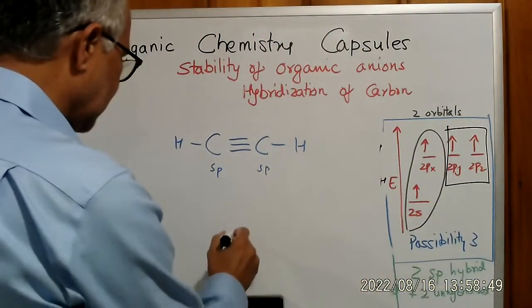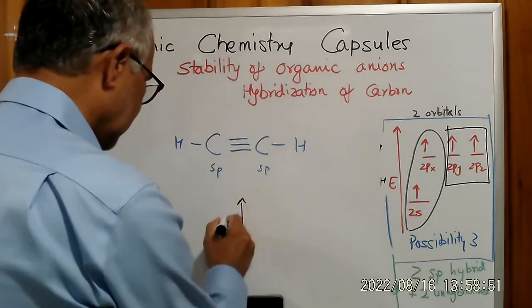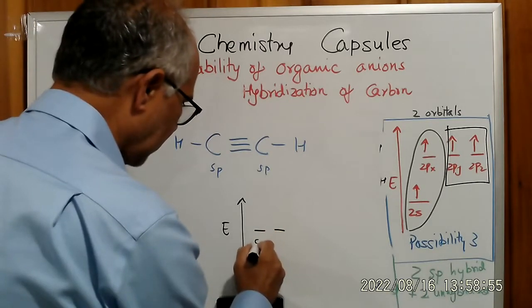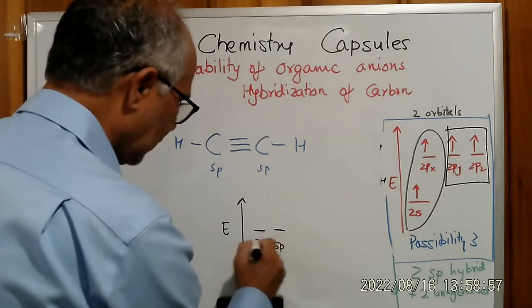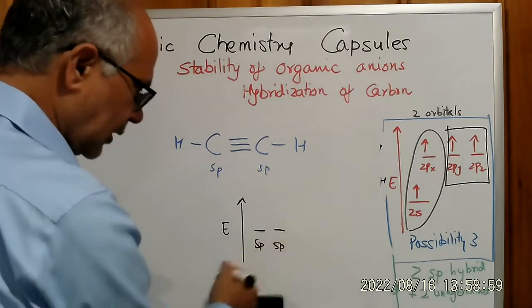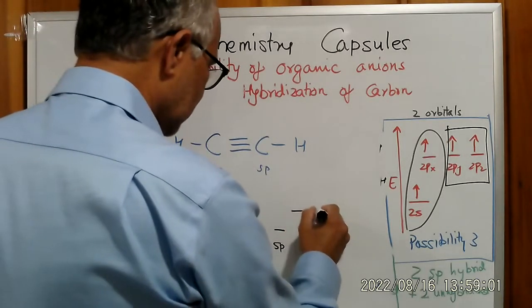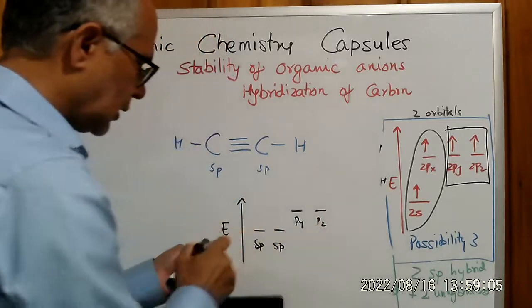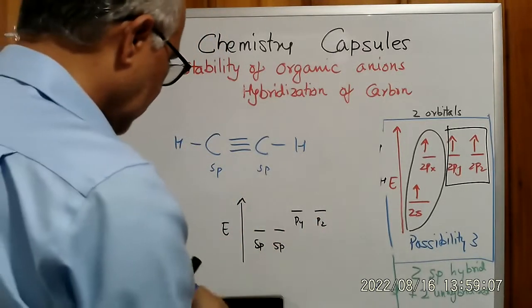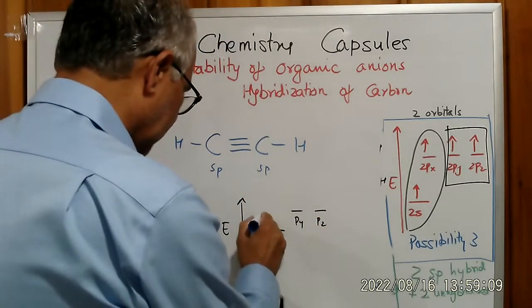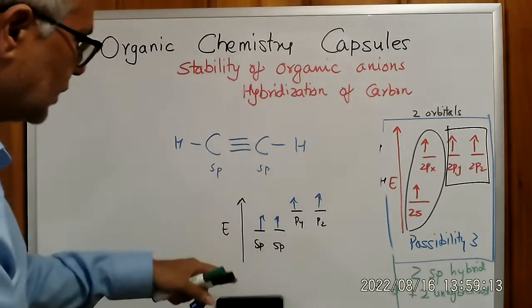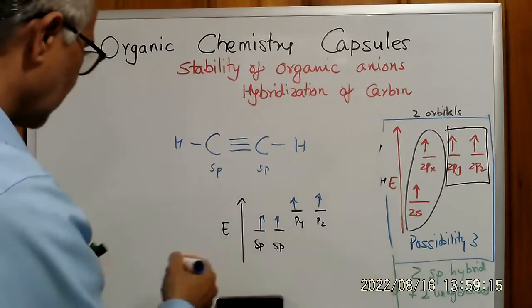In this case, if we draw the hybridized orbitals, the two sp hybridized orbitals will be at a slightly lower energy, and the two unhybridized orbitals are at a slightly higher energy. We have one electron in each of them. Now let's consider two sp hybridized carbons coming together to make a bond.